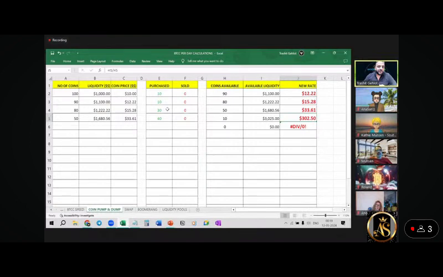A $10 coin or token is pumped with liquidity, and because of which it capitalizes to such high gains in terms of value.